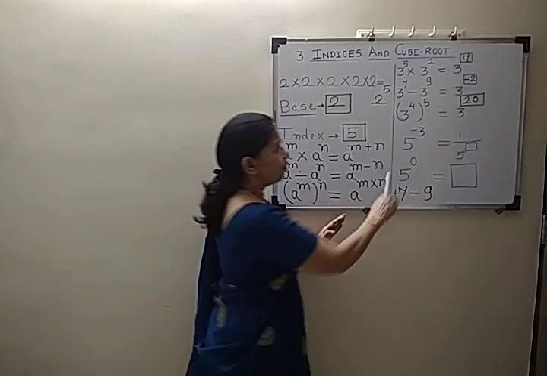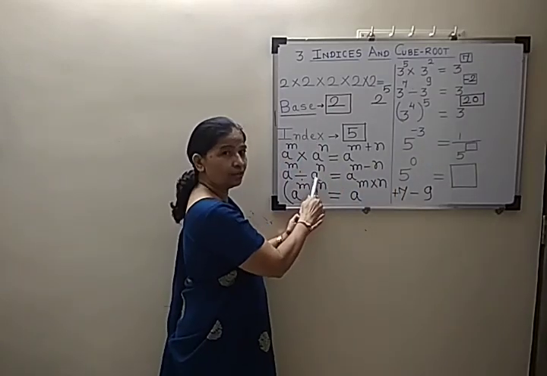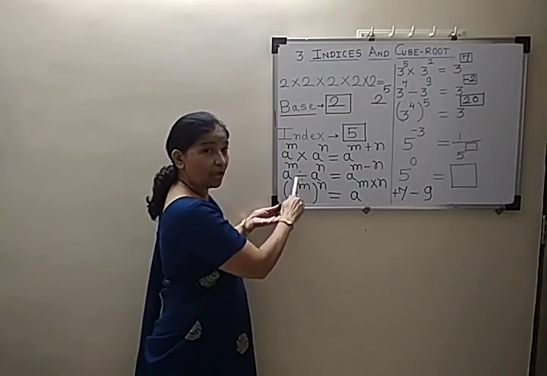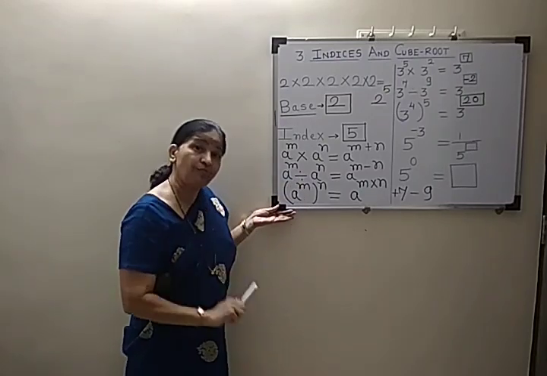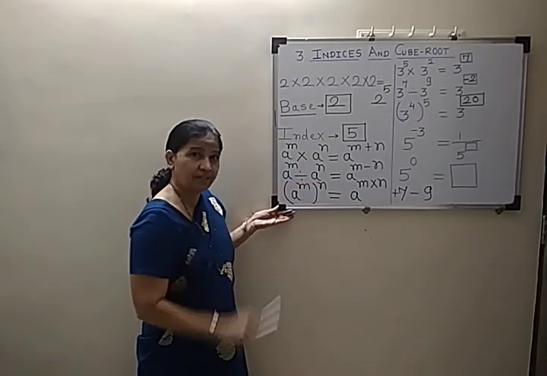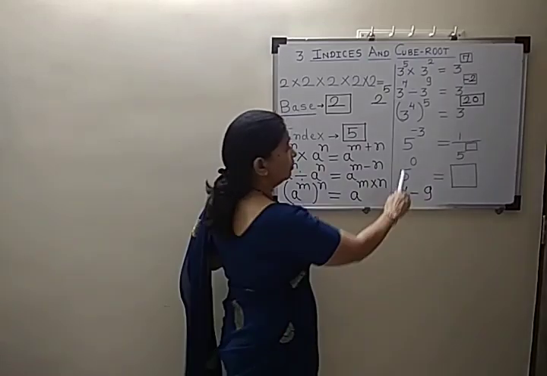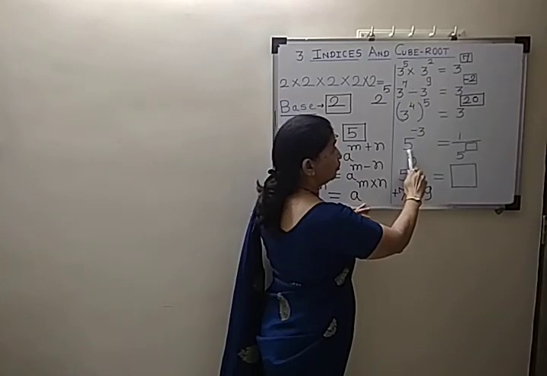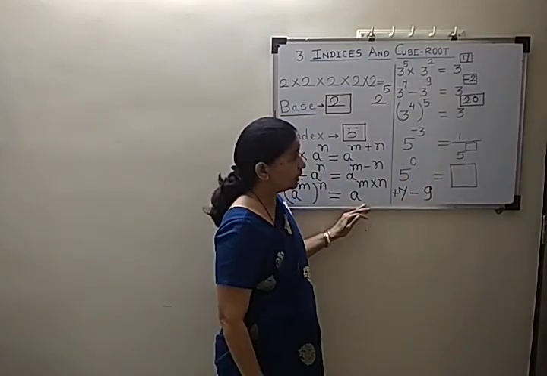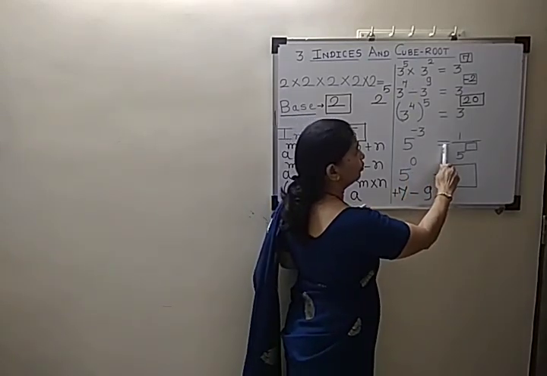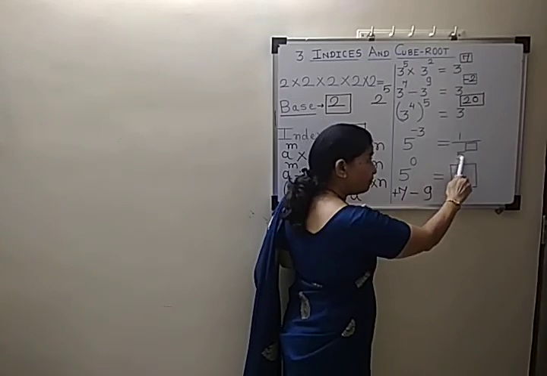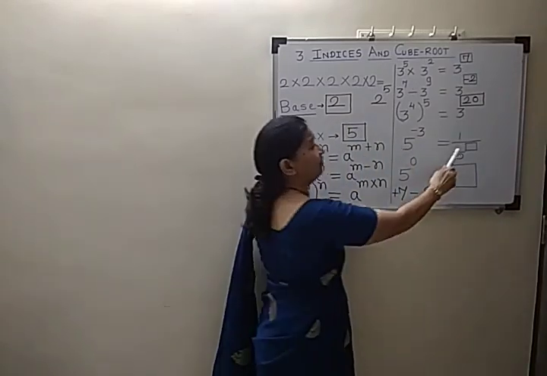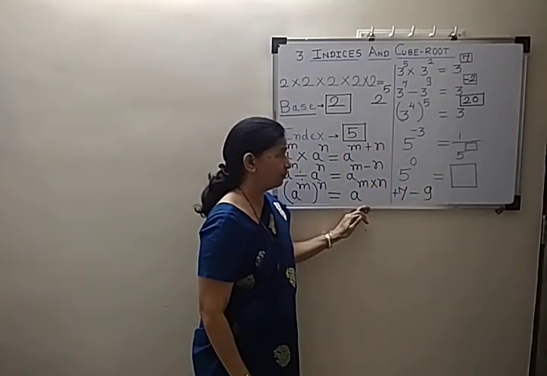Now, that's the 3 rules of indices we have revised, which we have studied in 7th standard. Now, next what to do? That 5 raised to minus 3 is equal to 1 upon 5 raised to how much is the question in this activity.